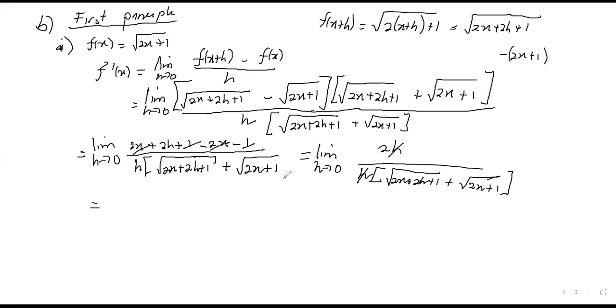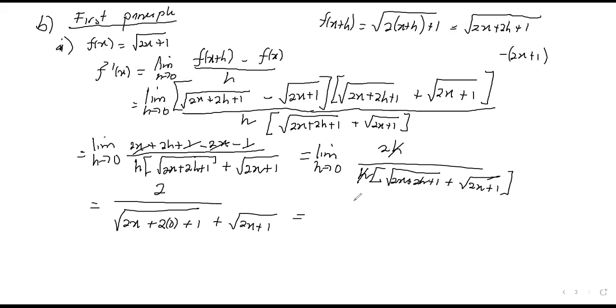So now we can find the limit. Wherever there is h, we substitute 0. So we have the root of 2x plus 1, since there is h there, we put a 0. So the idea is we've now canceled out the h, and wherever there's h, we've put a 0. So we have now found the limit.